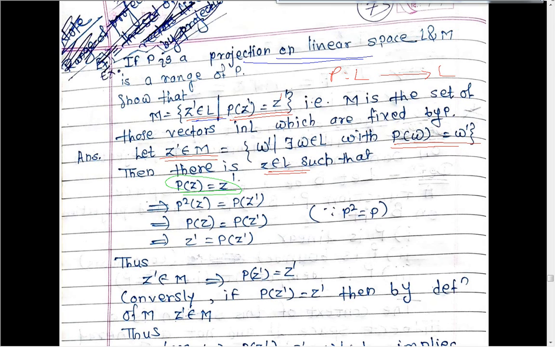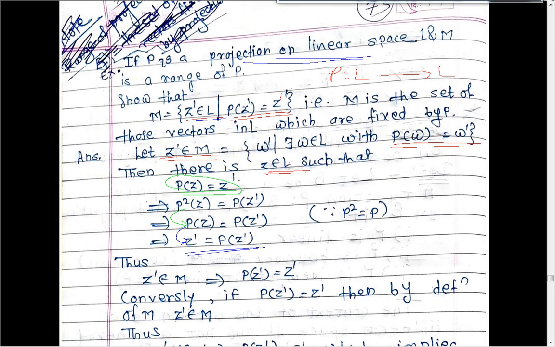Now using idempotence, we get P squared z equals Pz', but since P squared z equals Pz, we have Pz equals Pz', but Pz is nothing but z'. Hence, we have our required result that z' is equal to Pz'.